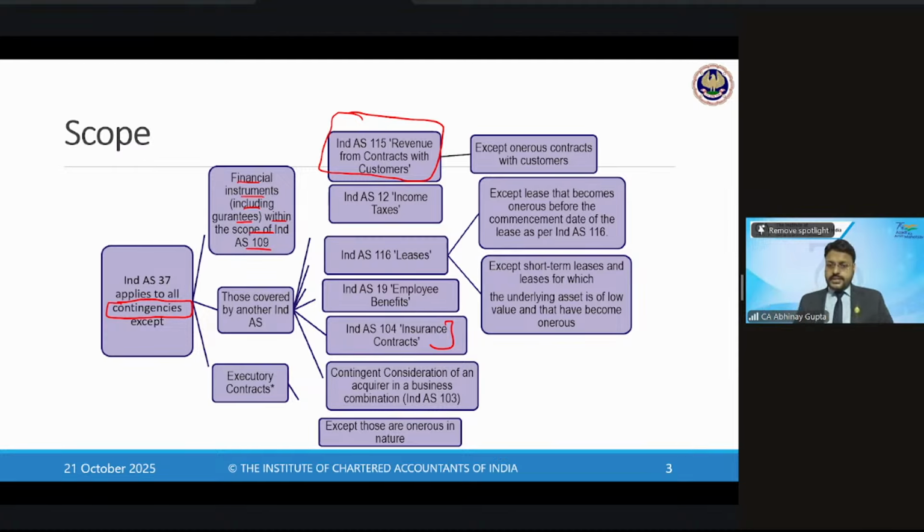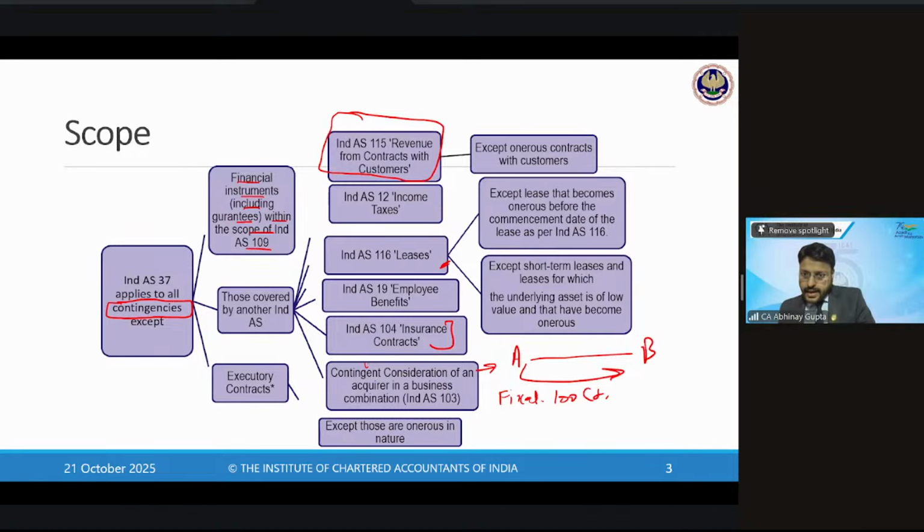For example, suppose A Limited is acquiring B Limited and agreed to pay 100 crore as part of the purchase consideration, whether to be discharged by shares or cash, doesn't matter. So 100 crore is the fixed consideration.